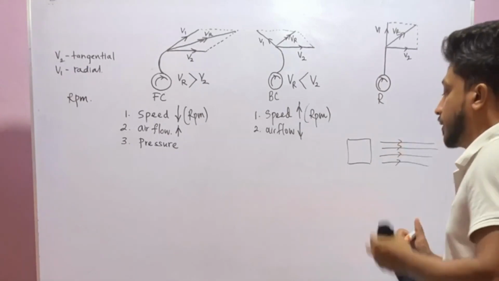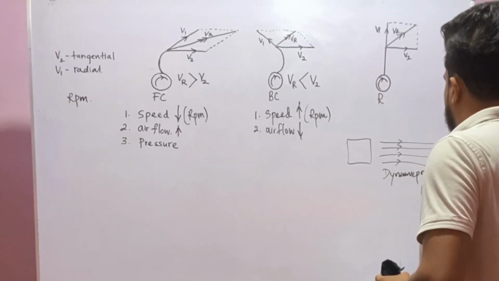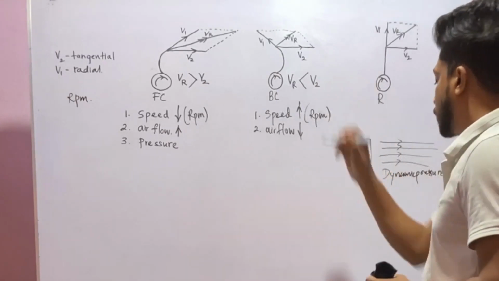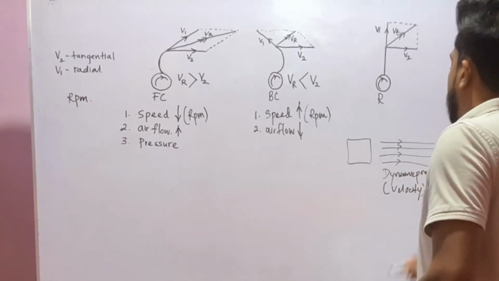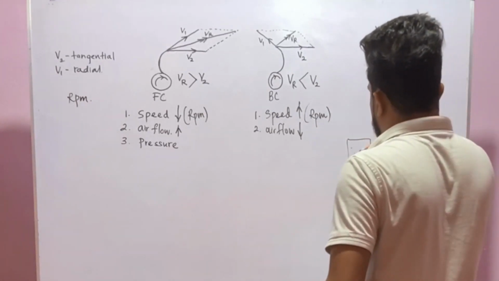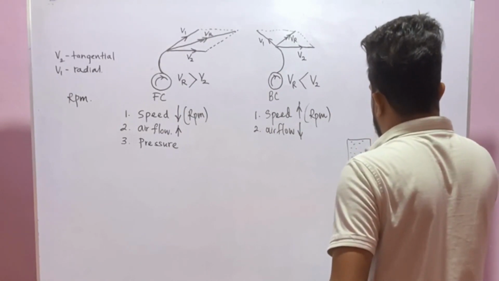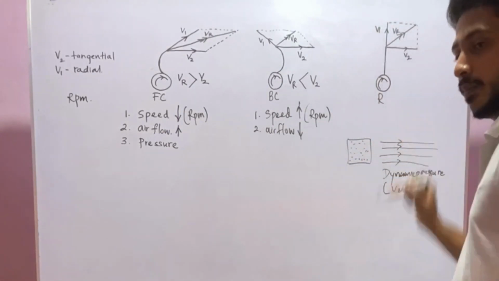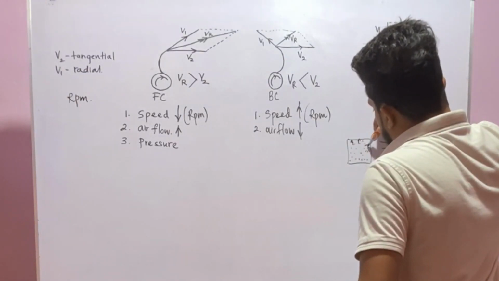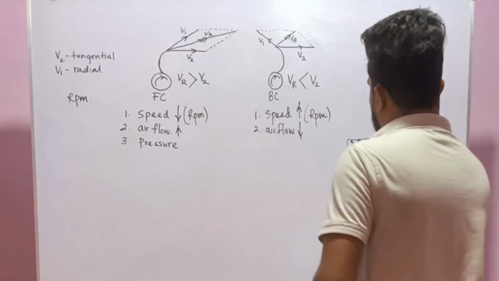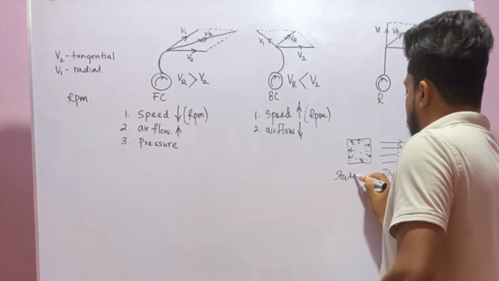Because of that velocity, we have a pressure called what? Dynamic pressure. In here we also refer to that as velocity. But if we consider a sample of air inside a box or something, the pressure exerted on this wall can be identified as what? Static pressure. Static pressure.